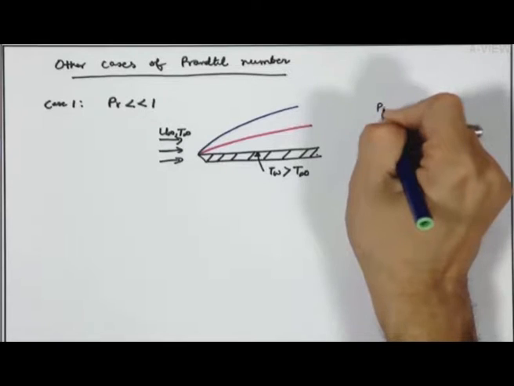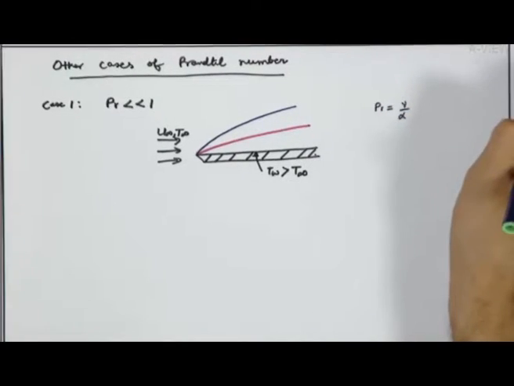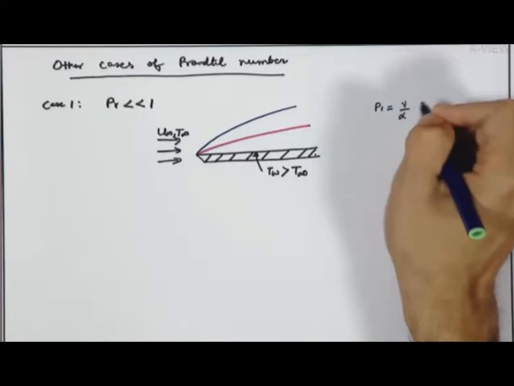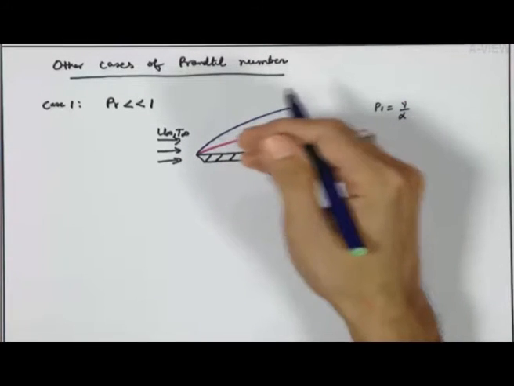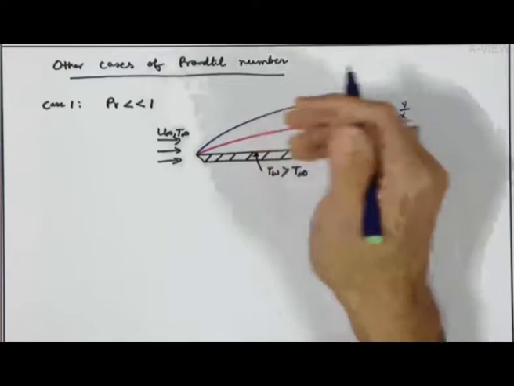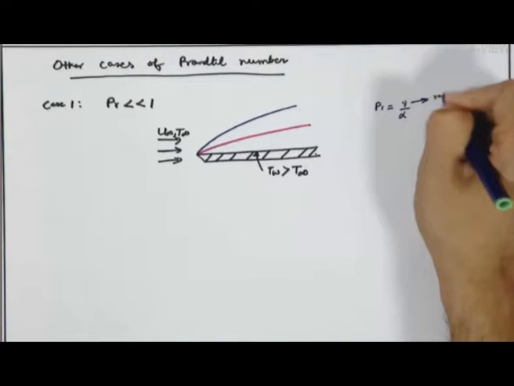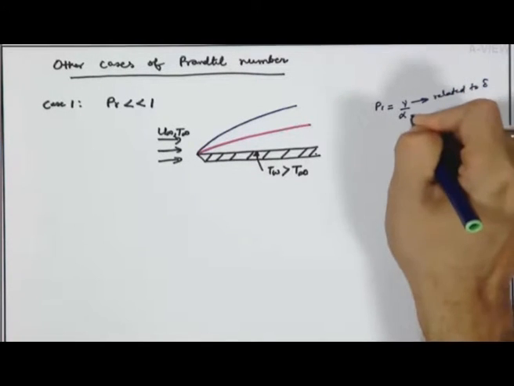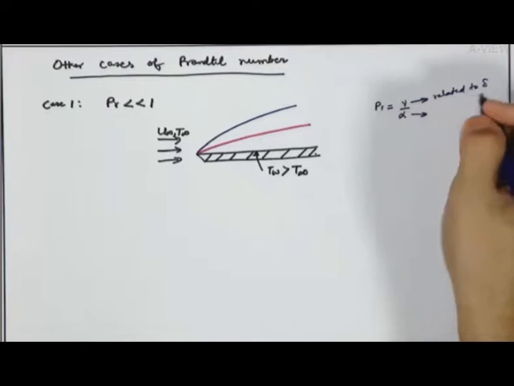See, Prandtl number is equal to nu by alpha. So, nu is associated with the distance up to which the momentum disturbance imposed by the wall is felt. So, nu is related to delta, and alpha is related to the distance from the wall up to which the thermal disturbance of the wall is felt.